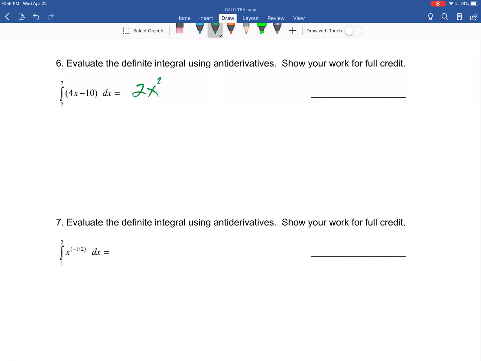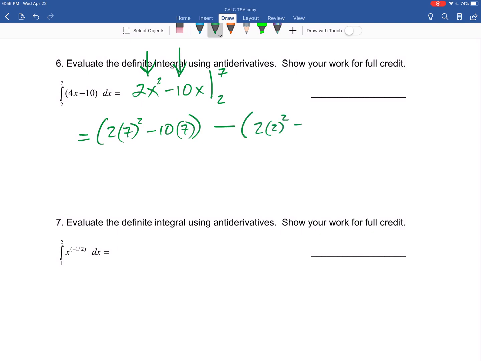Now, what's the antiderivative of negative 10? Negative 10x. Take the derivative of this, you get 4x. Take the derivative of this, you get -10. Straight evaluation bar, 2 to 7. There we go, top one in first. 2 times 7 squared minus 10 times 7, big minus, 2 times 2 squared minus 10 times 2.